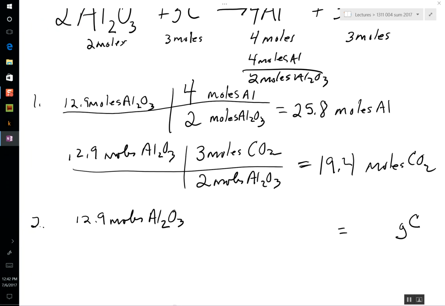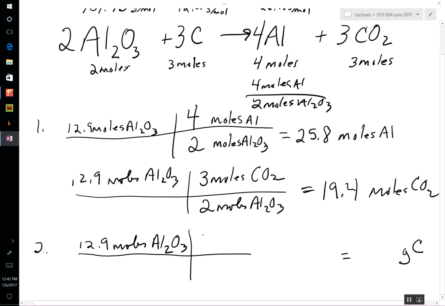So I got 12.9 moles of aluminum oxide. I need 3 moles of carbon for every 2 moles of aluminum oxide. That converts my moles of aluminum oxide into moles of carbon.